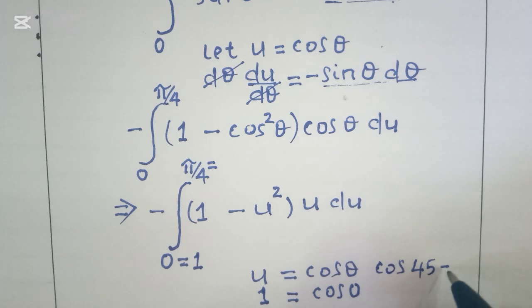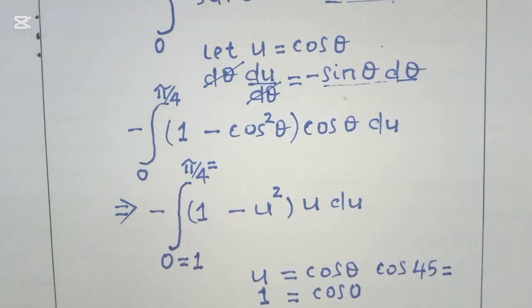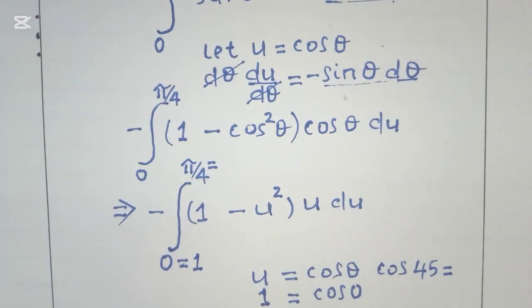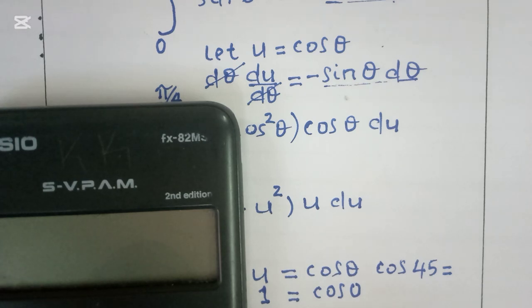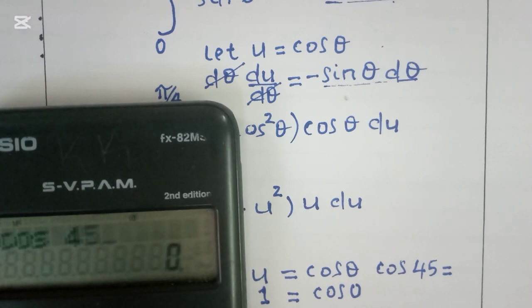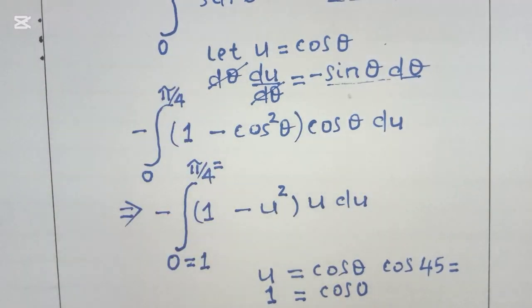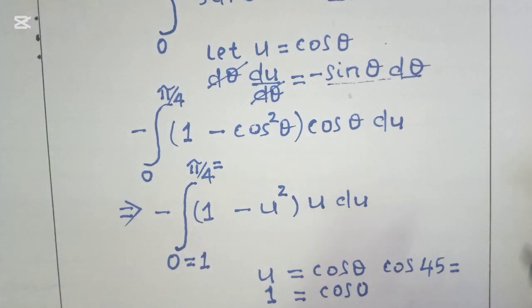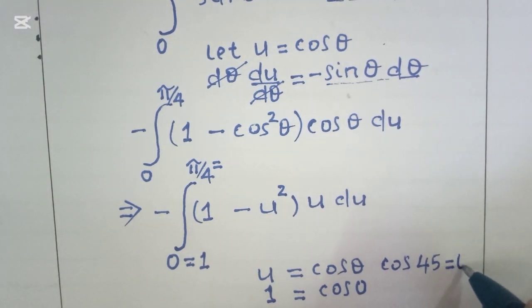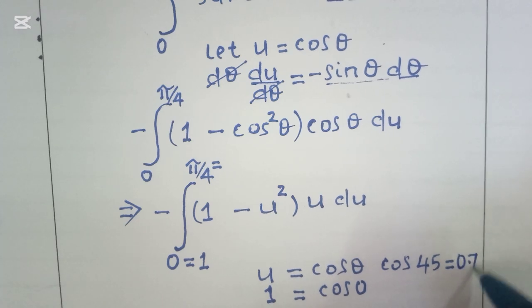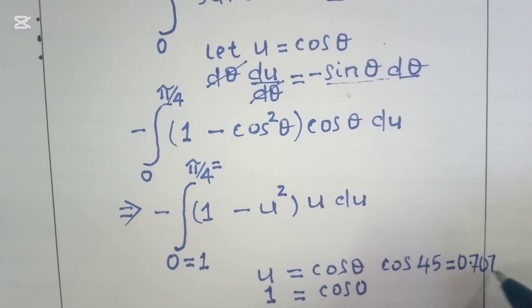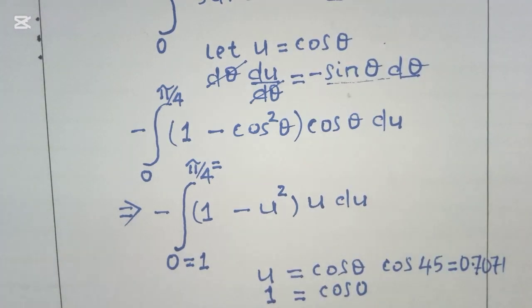For cos 45, using the calculator, this is going to be cos 45 equals 0.7071. So we write there 0.7071, like that.